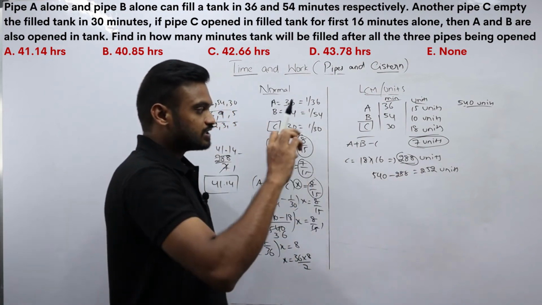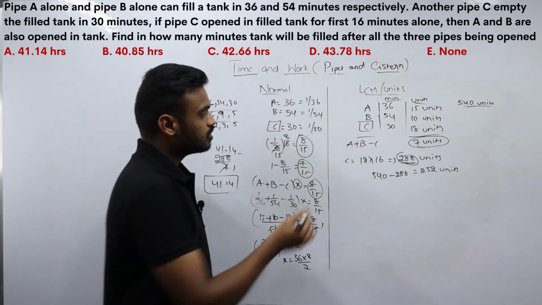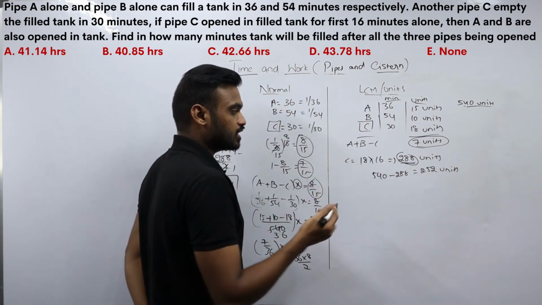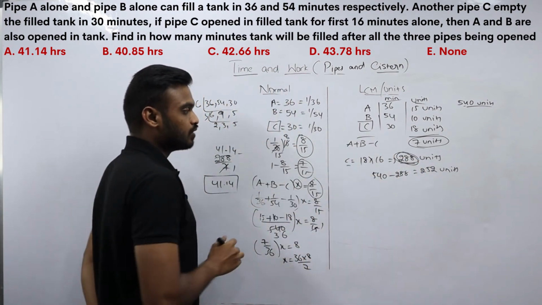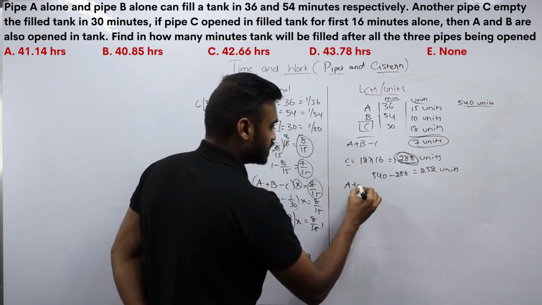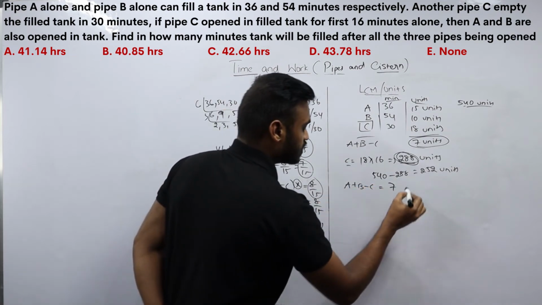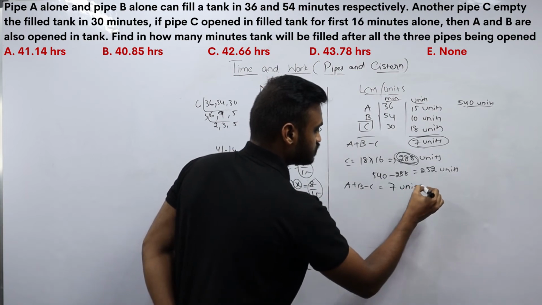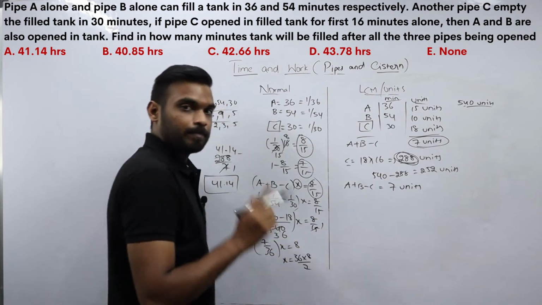Okay. Now what is the work that is left over? 288 units. So A, B and C have to work together to fill this 288 units that was removed by C. Now A plus B minus C can fill 7 units of work per minute.